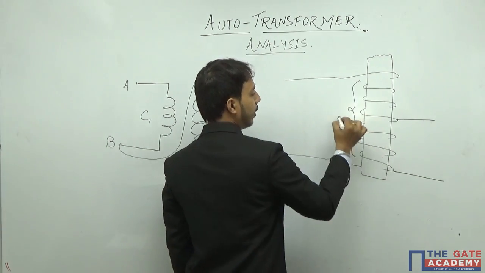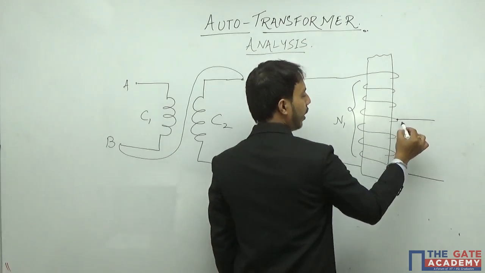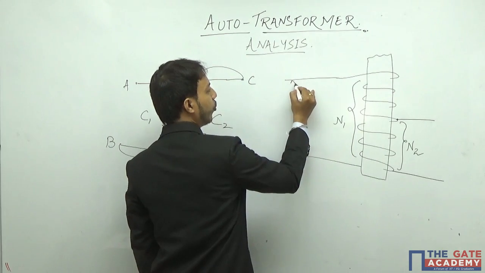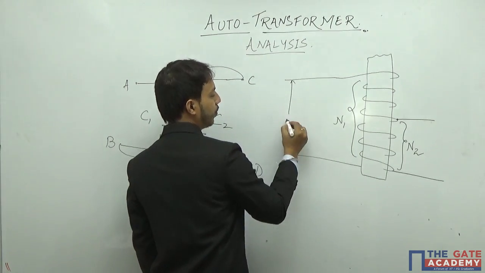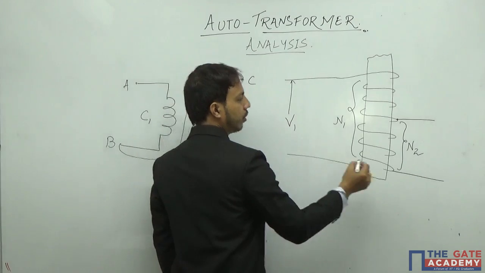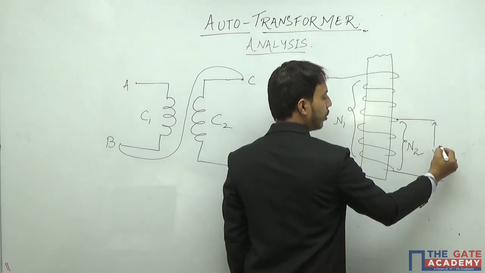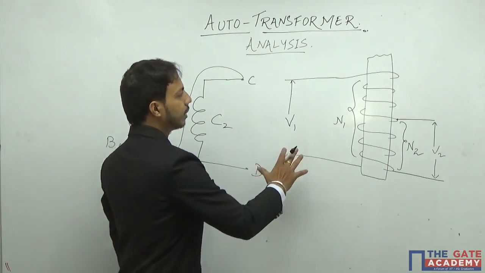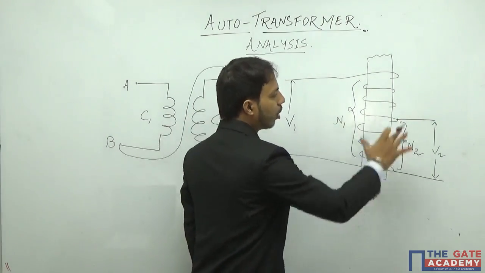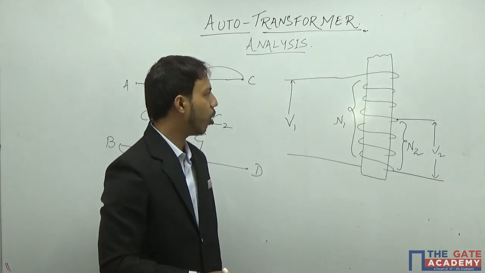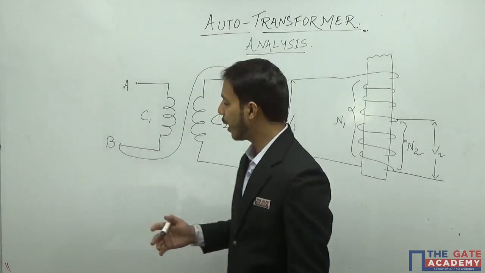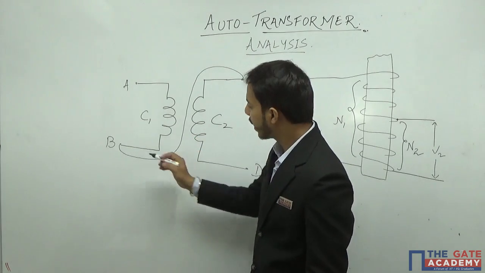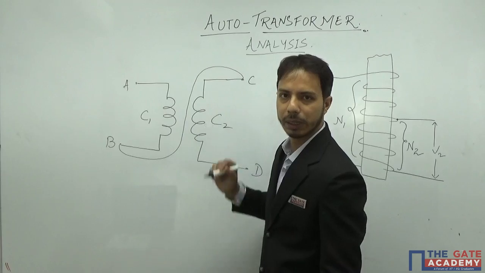Say this has N1 turns and this has N2 turns. Suppose the voltage here is V1, and this voltage is V2. So this is the equivalent circuit of a practical autotransformer. I can also make an autotransformer from a two-winding transformer by connecting these 2 terminals.